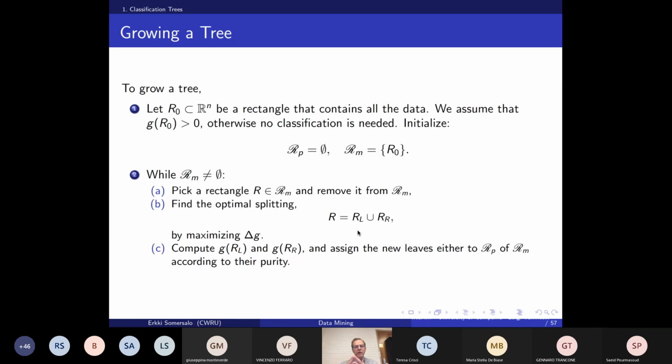Now, do we know that this converges? The answer is yes, because the data is finite. So you can only split the rectangles a finite number of times. And at the end, at worst, you have leaves that contain just one data point. Probably you have more data points in each leaf, but you can see that the maximum number of possible leaves cannot exceed the number of data points.